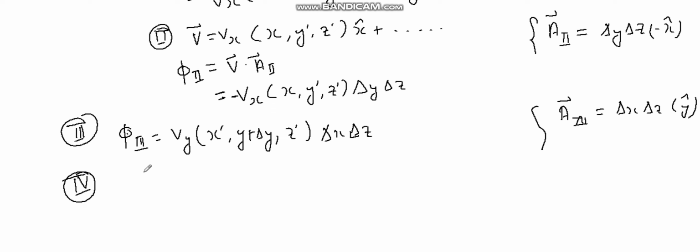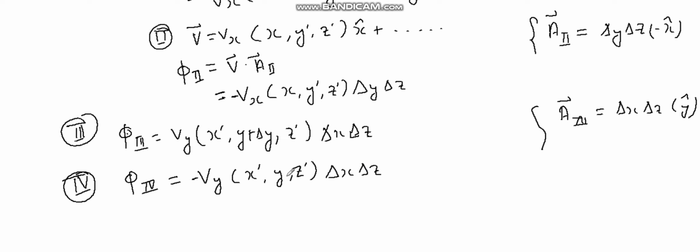Now the fourth quantity, phi fourth. That will give minus of vy, x prime, y, z prime, times delta x delta z, right?